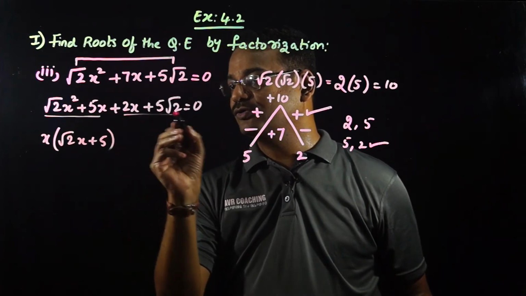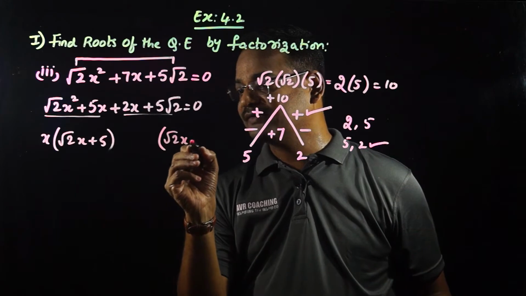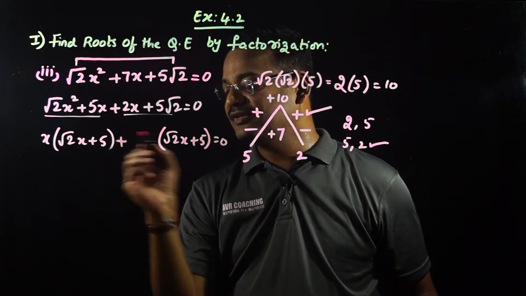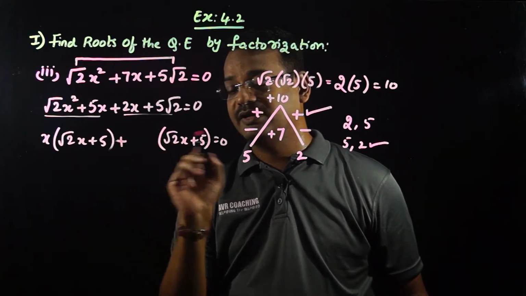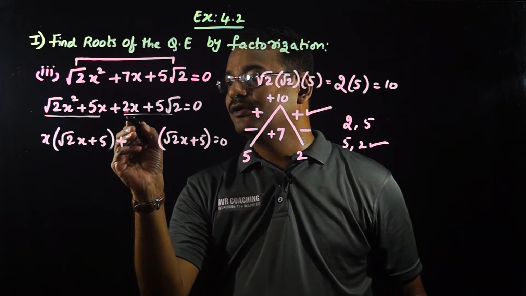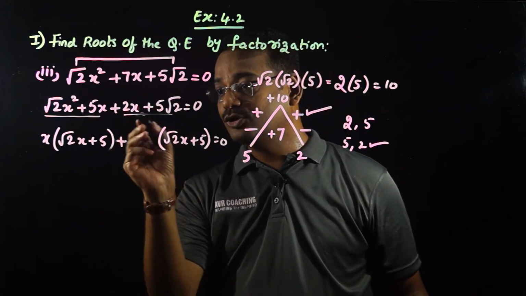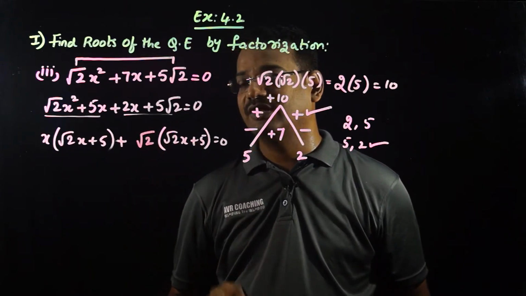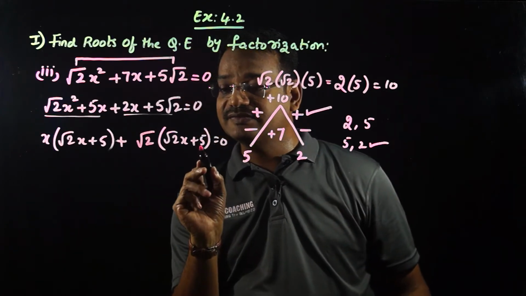In the second two terms also we'll write blindly root 2x plus 5 in the second bracket, and see that the middle term is plus, and out of x we already got x inside the bracket and we have 2 here, and to get 2 we have to multiply root 2 with root 2 only, or else if you have any confusion here, you need to see the second term.